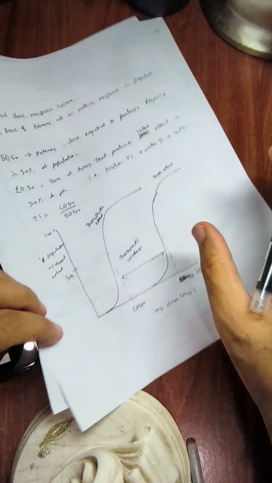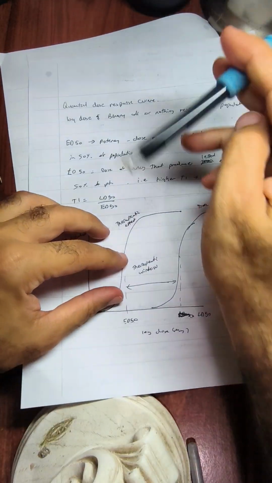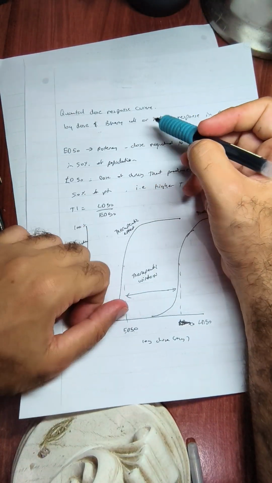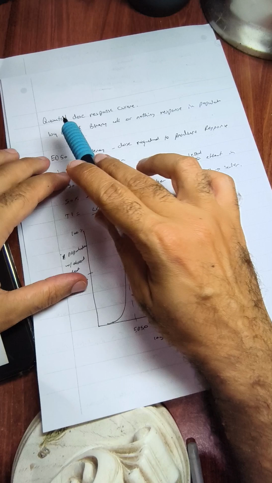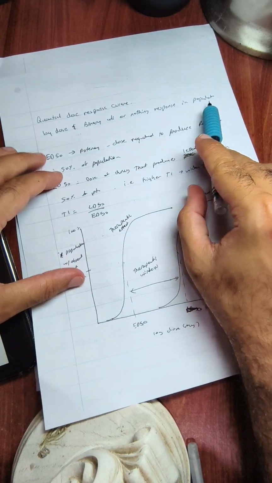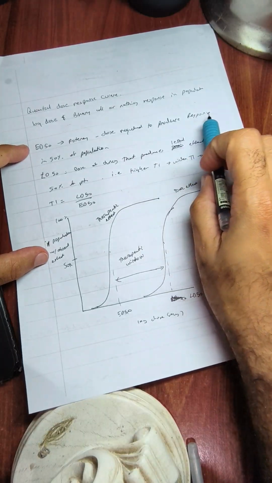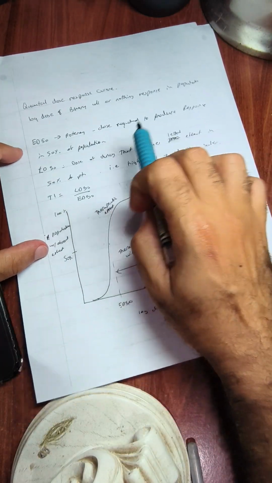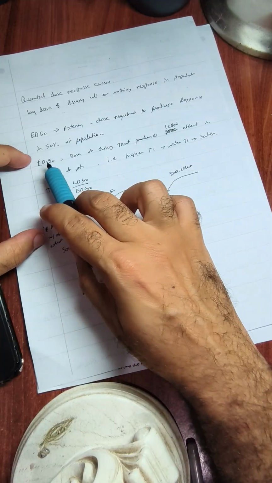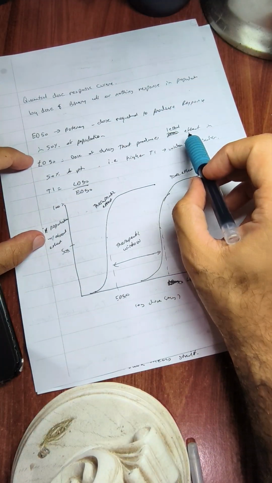Alright, and then the second part of the question was asking about TI. So a quantal dose response curve is a log dose and binary all or nothing response in the population. So an ED50 is the dose required to produce a response in 50% of the population. An LD50 is the dose required to produce a lethal effect.